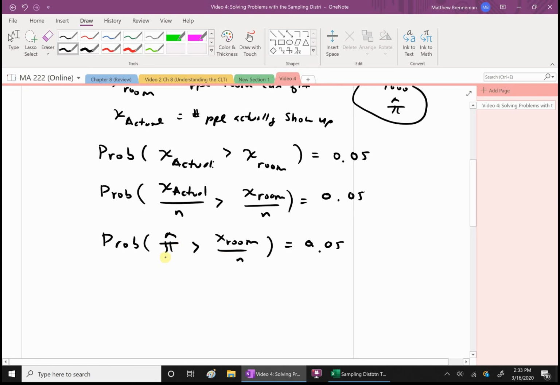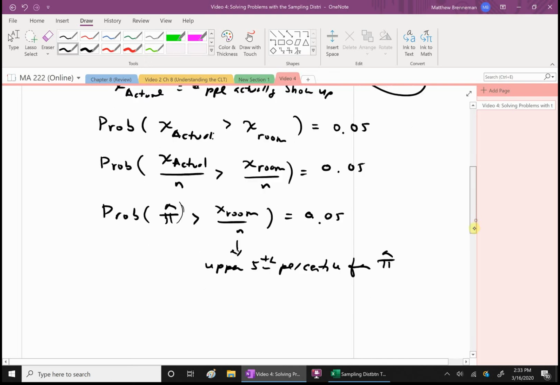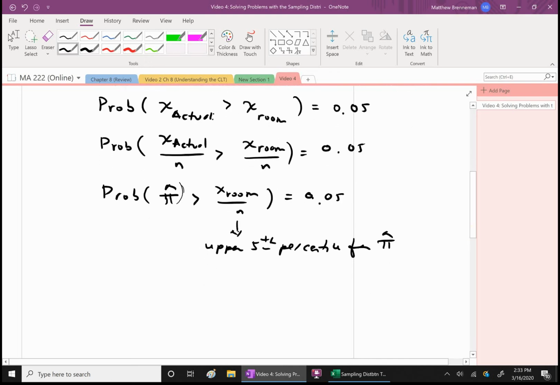So the probability that a sample proportion is going to be greater than a specific value being 5% means that this is the upper 5th percentile for pi hat. So the question is, what is the distribution of pi hat, right? If I'm going to compute a percentile, I have to know what the distribution for that variable is.